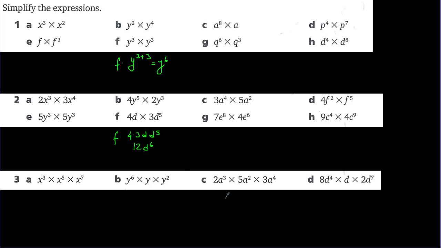And this one again, 2 times 5 times 3, the order is not important in multiplication, a cube times a square times a^4. 2 times 5 is 10, times 3 is 30. 30 times a cube, a square, a^4, we are adding the powers, a to the power of 3 plus 2 plus 4, which is equal to 9.